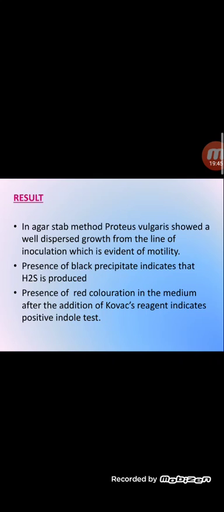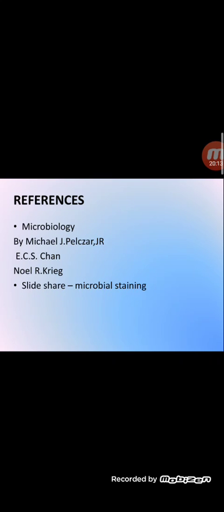The presence of the black precipitate indicates H2S is produced, that is for the sulfide reduction test. The presence of red coloration in the medium after the addition of Kovacs reagent indicates a positive indole test. So one single medium can be used for three different purposes. That's all. Thank you.